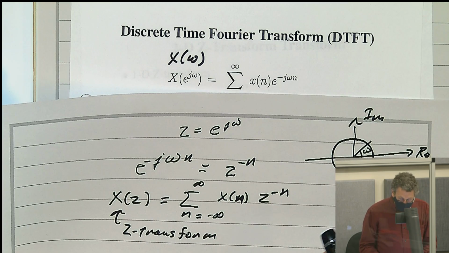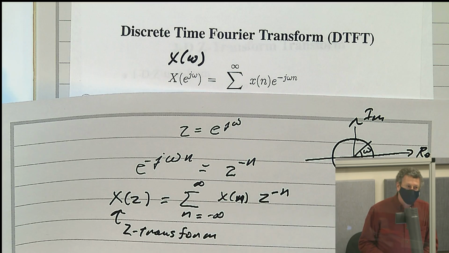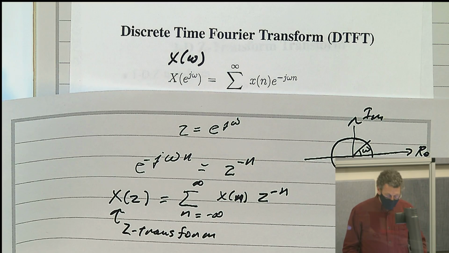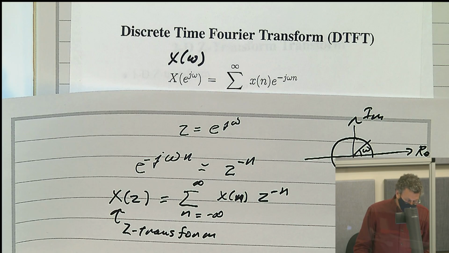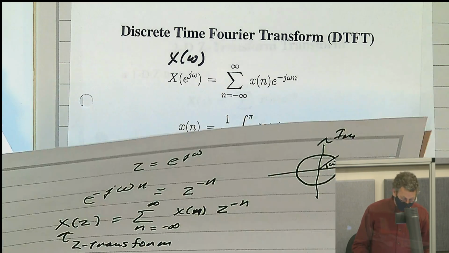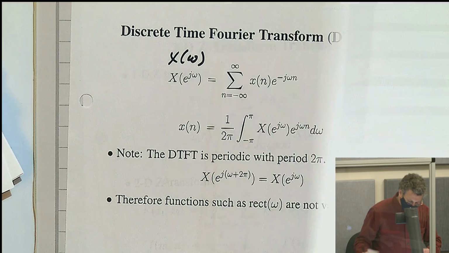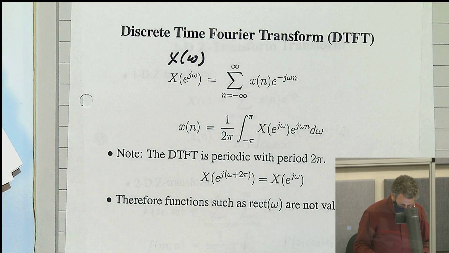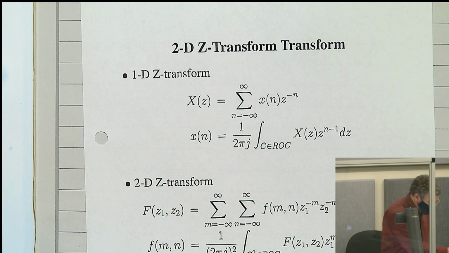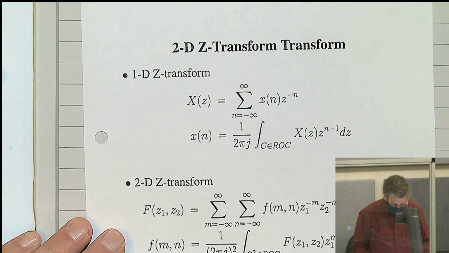And so the bottom line is that this sum may exist in some cases and not exist in others. So the Z transform won't necessarily exist for all values of z. Okay, so understanding when it exists is an issue.